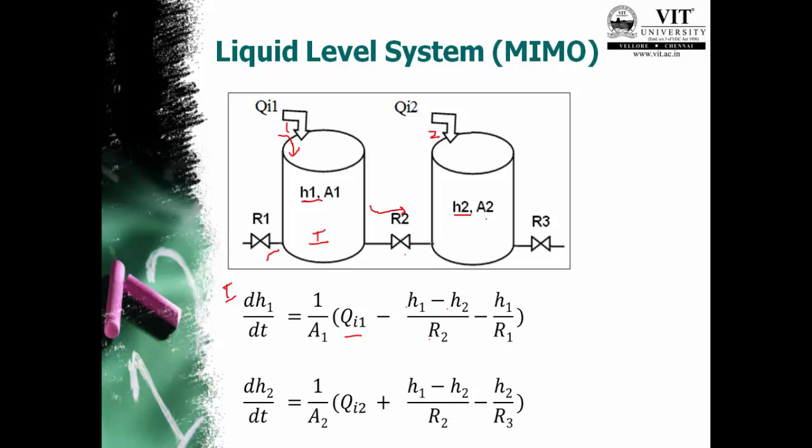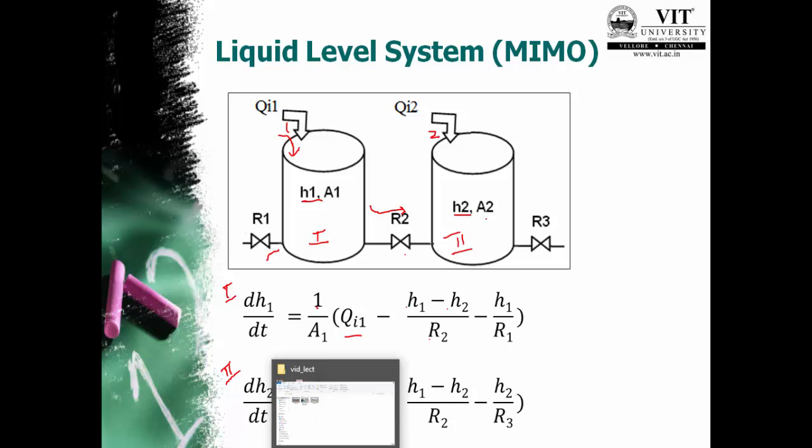And we have another variable here for dH2. So the second ODE equation is written based on tank number 2. Here we have input coming from the inlet flow Qi2 plus we have an inlet here coming through valve R2.